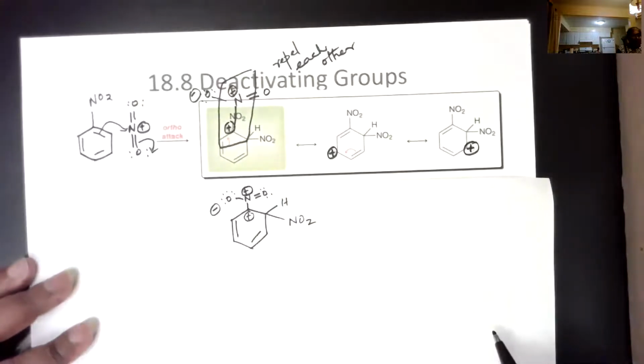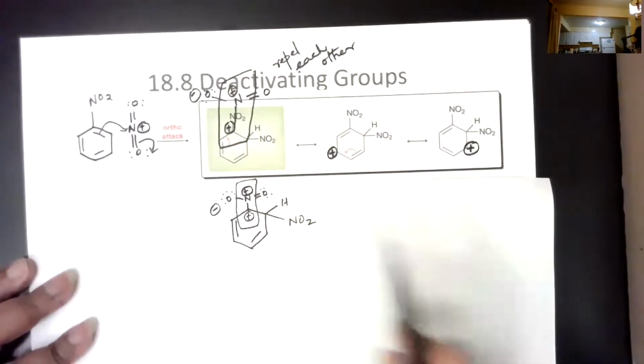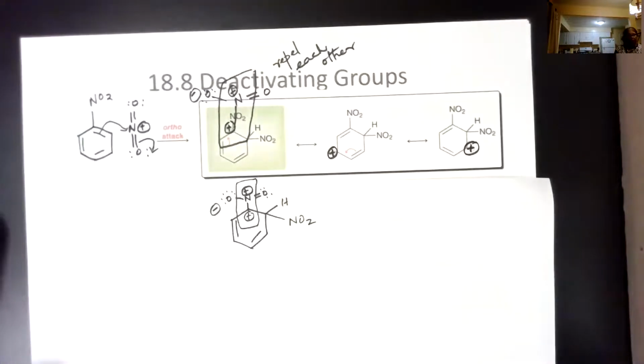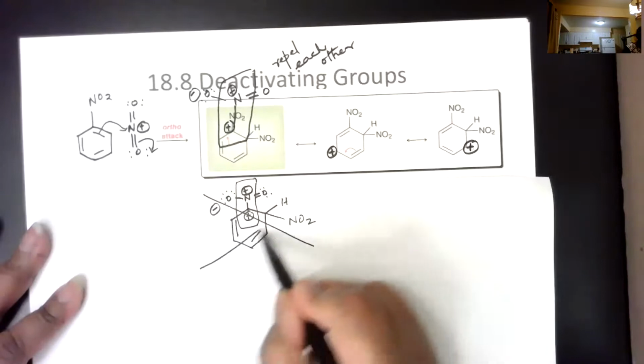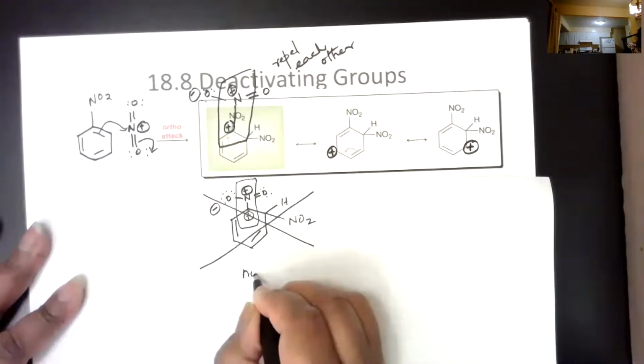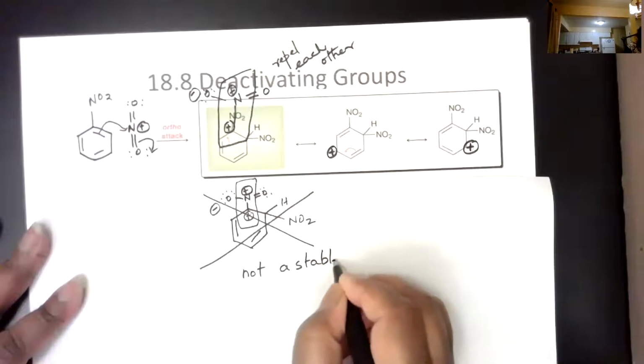Okay. So these two positive charges are going to repel each other. So this structure is not a stable resonance structure.